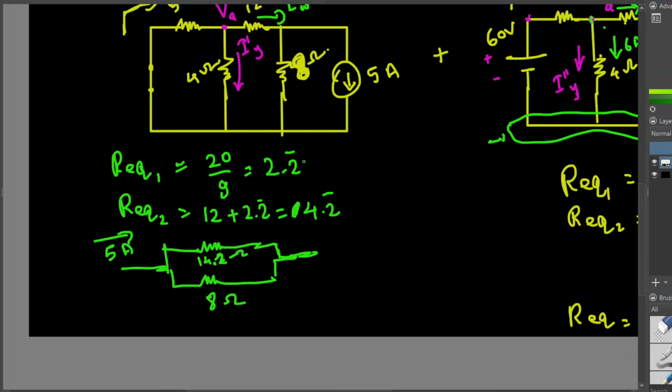That's the one provided right here. So what we can do is use the current divider equation to find the current passing through these resistors.